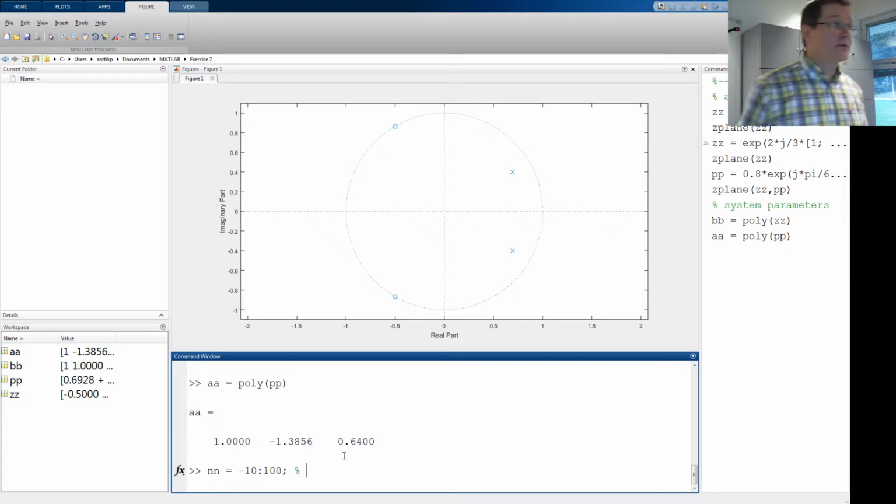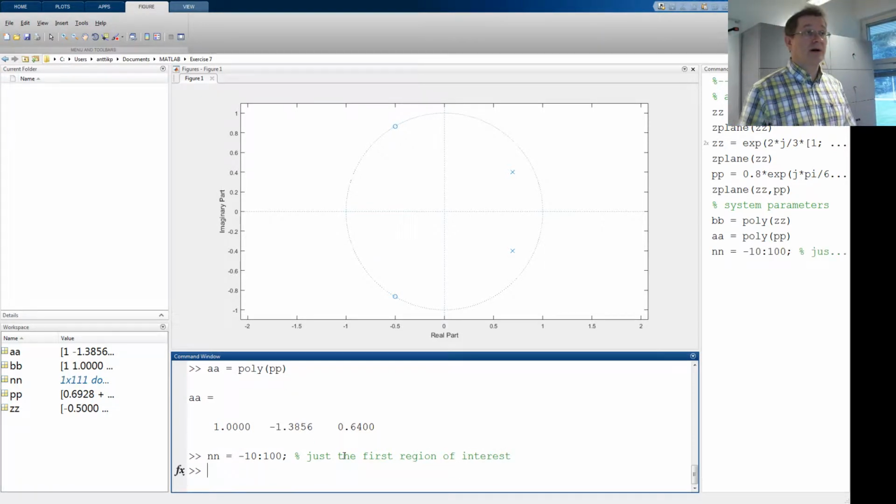I start with 100 points, and I start the indexing before the point 0, just to make better looking graphs. Okay, just the first region of interest. If this one goes sour, I can easily go back and start doing it over.